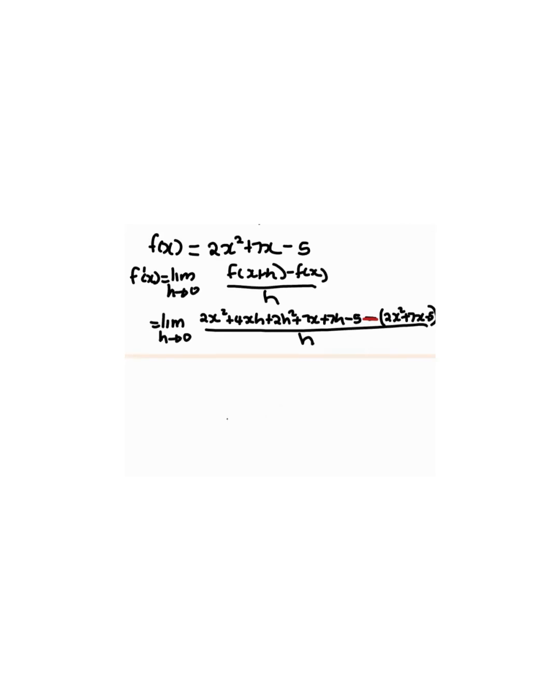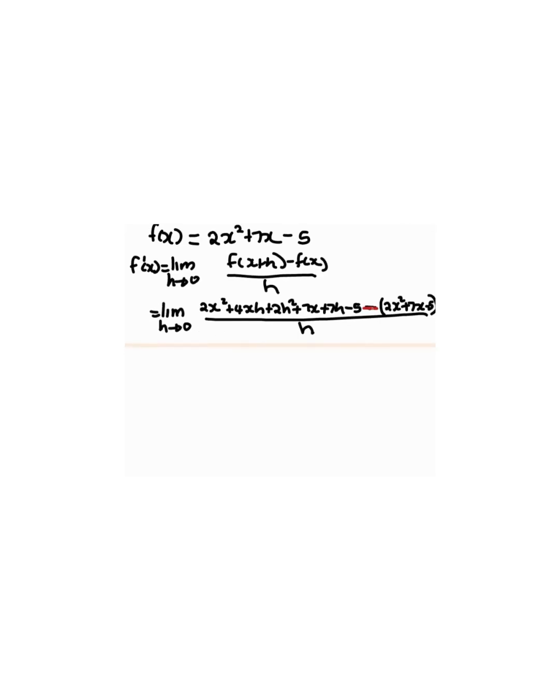So now let us distribute that negative, remove the bracket. So we have the limit as h tends to 0 of 2x squared plus 4xh plus 2h squared plus 7x plus 7h minus 5.